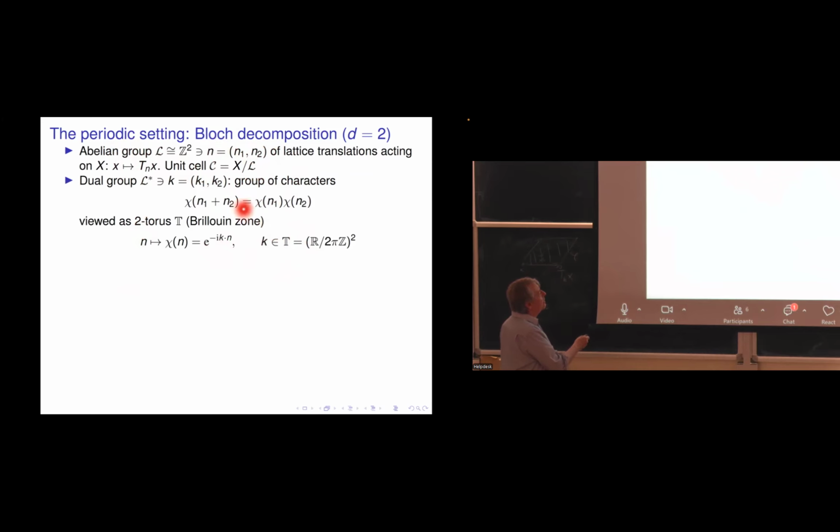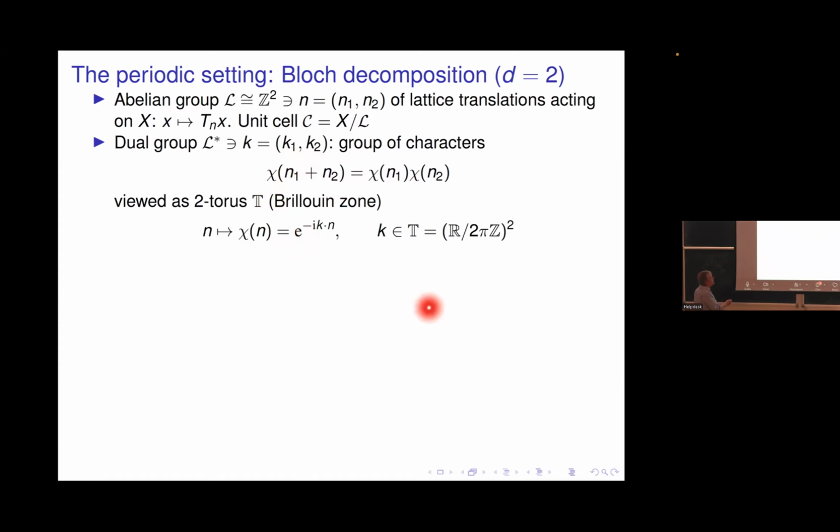So the bounded solution of this equation is of this form for some k, which however is not unique, because if I change any component of k by 2 pi, this thing doesn't change, because n has components that are integers.